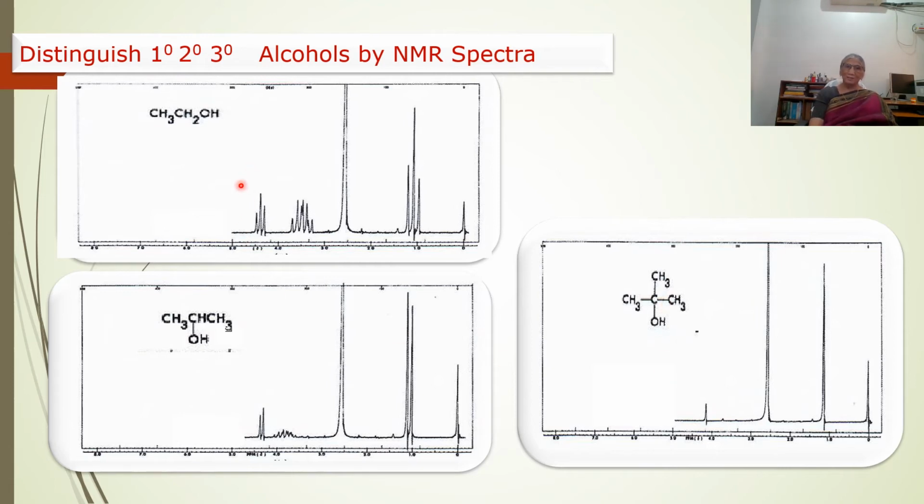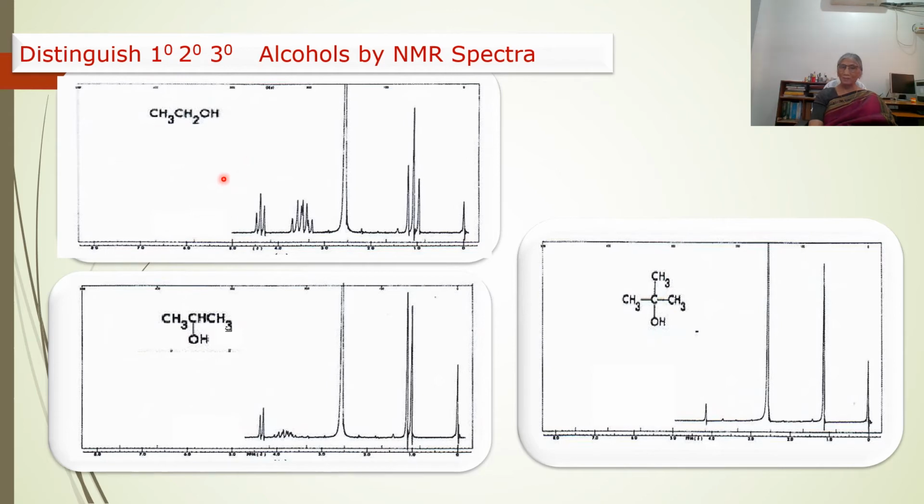Now look at the signal given by the hydroxyl proton in the case of ethyl alcohol. Here, the signal of the hydroxyl proton splits up into 3 peaks because of the neighboring 2 methylene protons. So by looking at the NMR spectrum and observing the splitting pattern of the hydroxyl signal, we can predict that this is a primary alcohol, because in a primary alcohol, the hydroxyl signal will split up into 3 peaks.